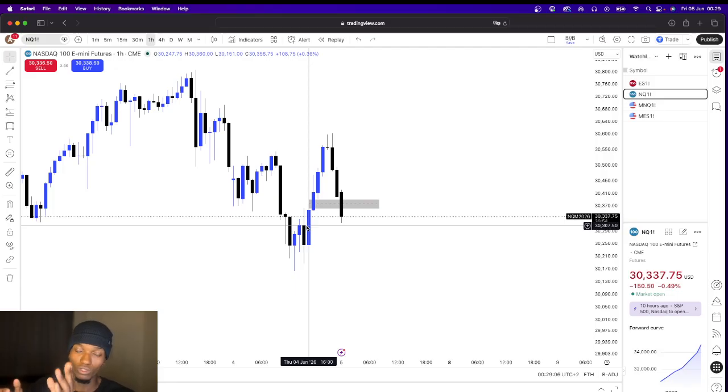Now that we know that the 4 hour and the 1 hour are both bullish, what does that mean? Let's say this is around market open, 9:30 a.m. New York time or 3:30 p.m. South African time, and we are bullish on the 4 hour and bullish on the 1 hour.